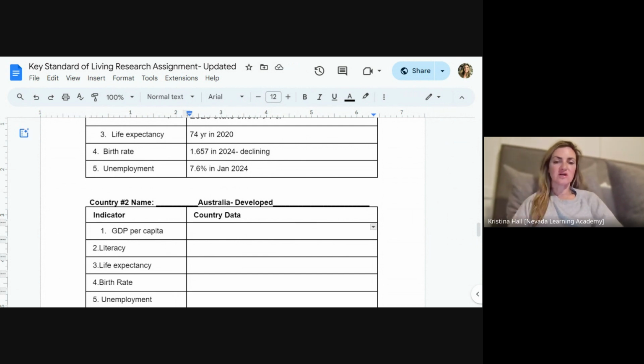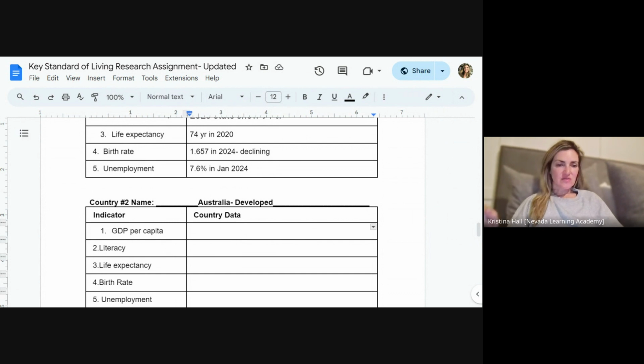You literally just search Australia GDP per capita. Let's do 2023. Let's see what we got. GDP right now. Okay, so this number is not correct.